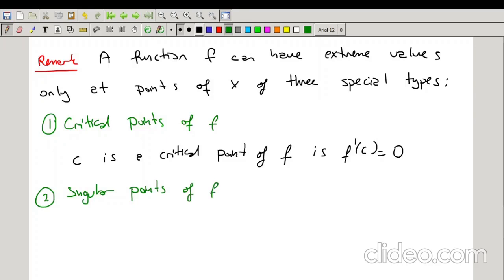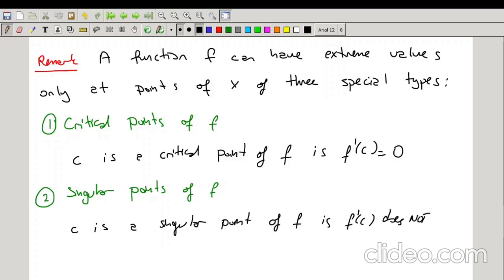We say c is a singular point of f if f prime of c does not exist. We can underline this important fact.